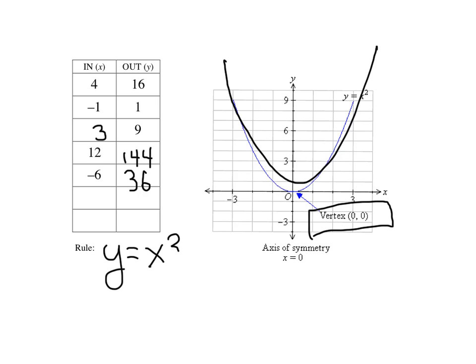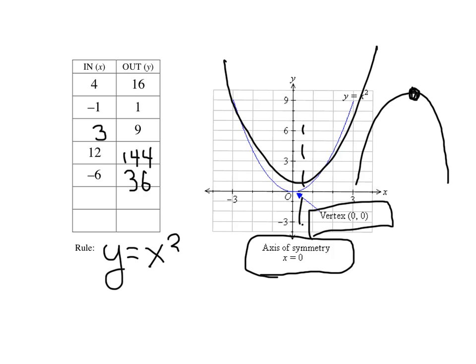There are parabolas that when you graph them, they would be curved like that. And in that case, the vertex would be the highest point on the graph. And there's one other thing that we talk about when we talk about parabolas, and you'll learn more about this next year in 9th grade, but the axis of symmetry would be an invisible line that would divide the graph into two mirror images.